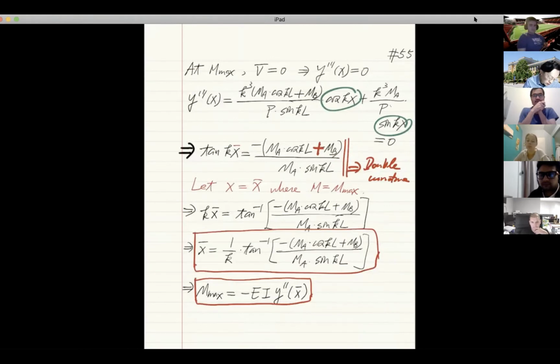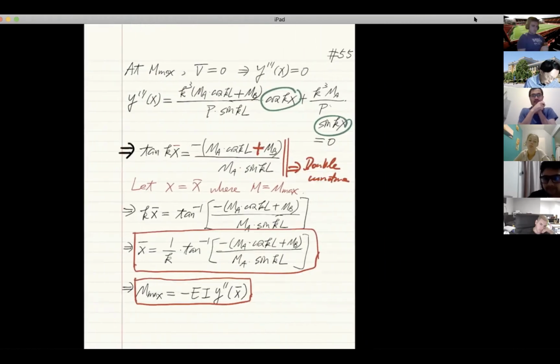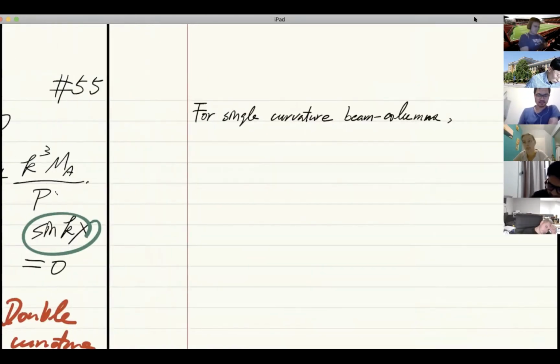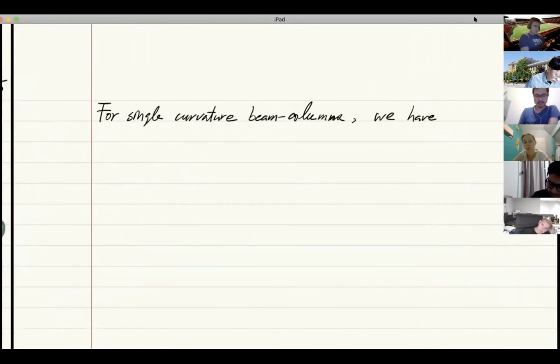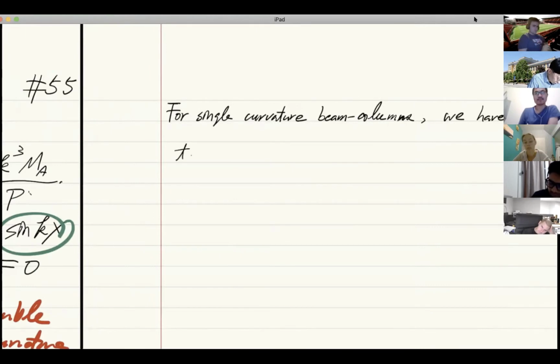So if this is the expression for double curvature, the condition for the maximum moment in the double curvature beam column, and the condition for the maximum moment in the single curvature beam column will become something like this. For single curvature columns, we have tangent kx bar equals, everything is the same, except the sign with MB will be replaced with negative.